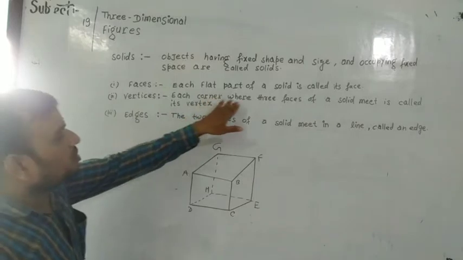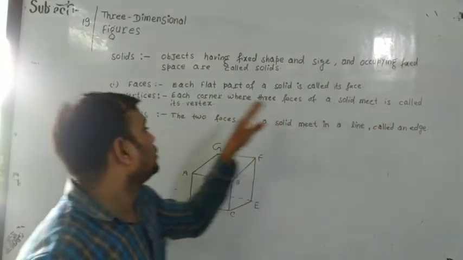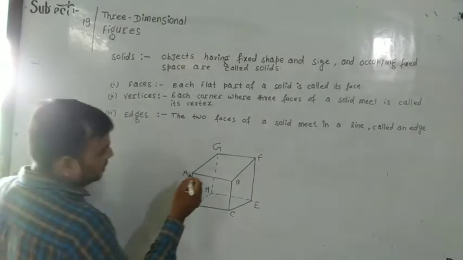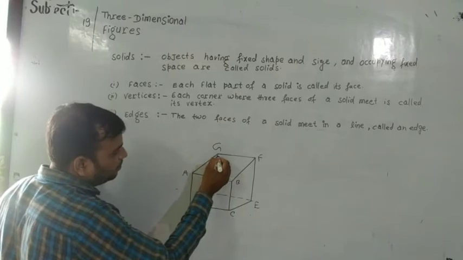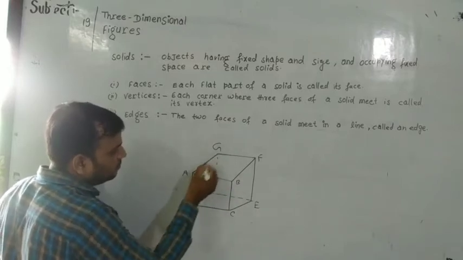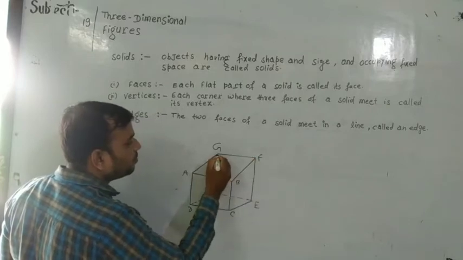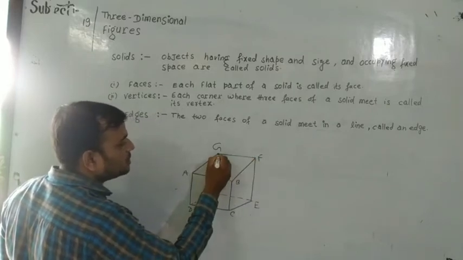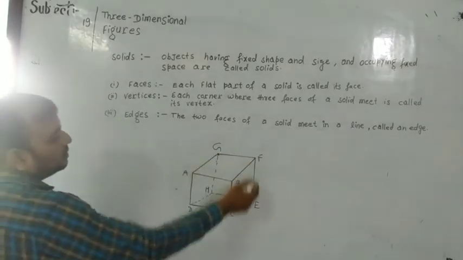Vertices. Each corner where 3 faces of a solid meet is called a vertex. Dear students, face 1, face 2 and face 3 meet here. So this point G is what we call a vertex of a solid.